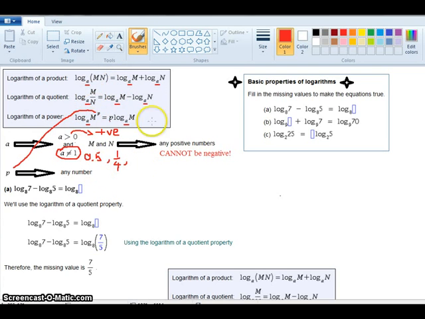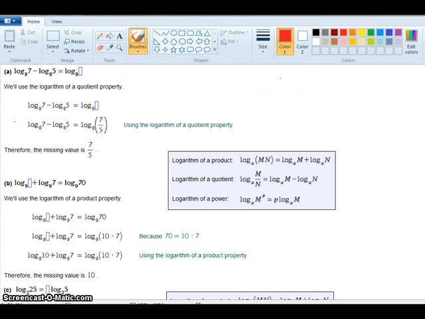Now that we know this, let's try to solve these three equations. The first one: log 8 of 7 minus log 8 of 5. If you compare this to the logarithm of a quotient, it's very similar. We have log a m minus log a n.